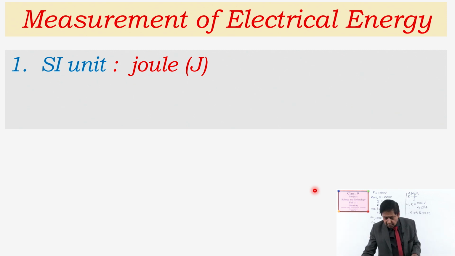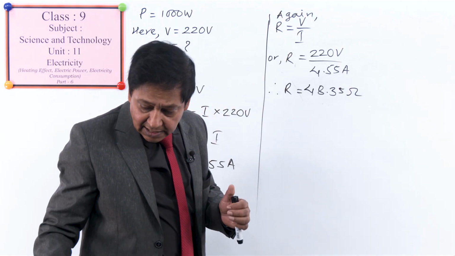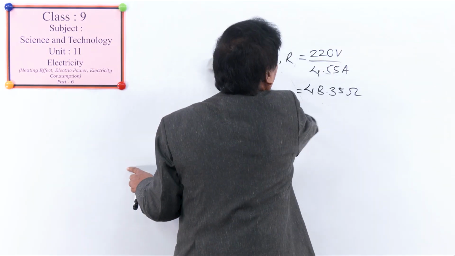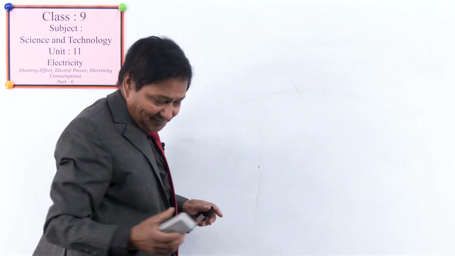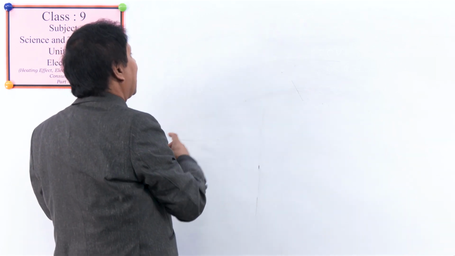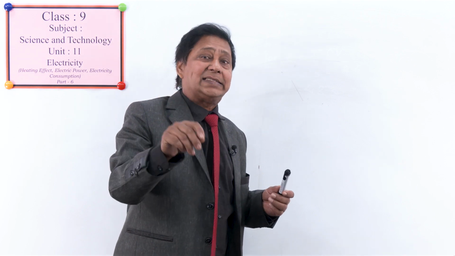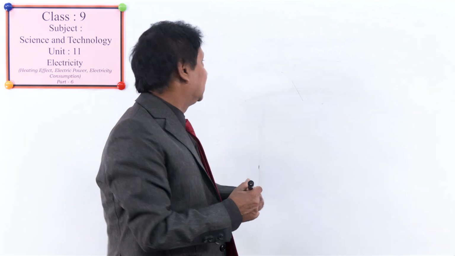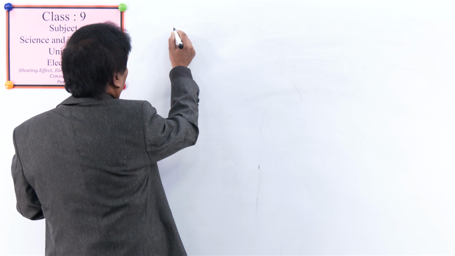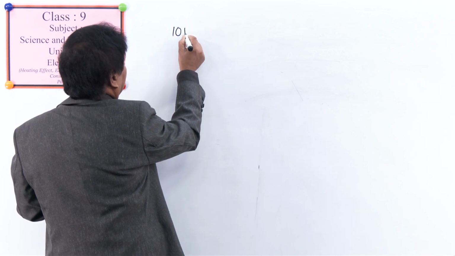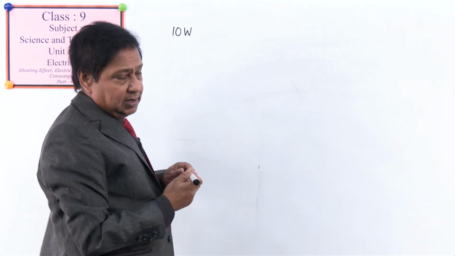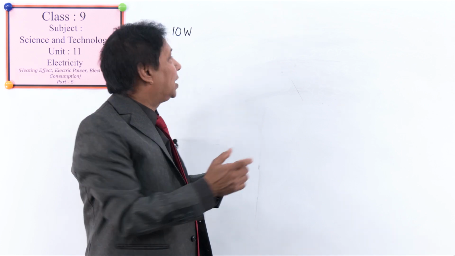I want to show you the reason with this mathematical expression. Why are we not using joule to measure the electrical energy consumed in our house? The reason is, let's say we have a 10 watt CFL in the form of a bulb. What it means?